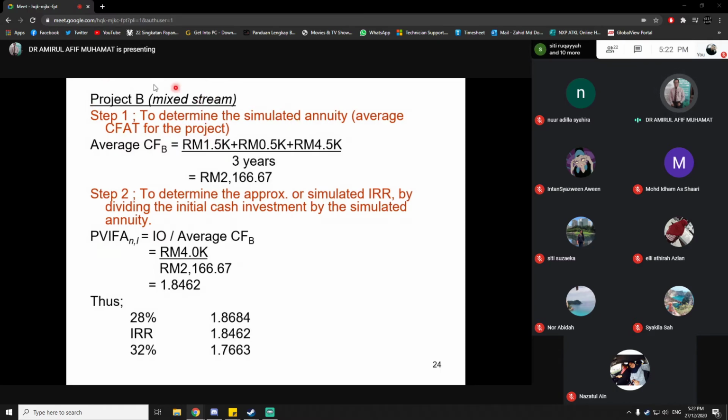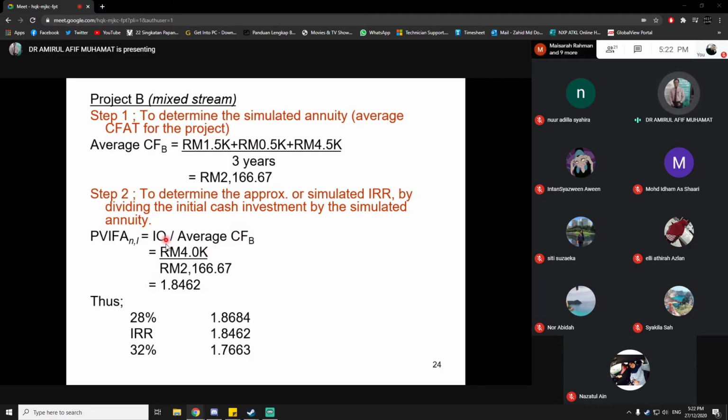Project B is mixed income or uneven income, varies income. Then you find the average. Once you get the average, you will find the factor. When you find the factor, you will be using the annuity, because you divide with the average.